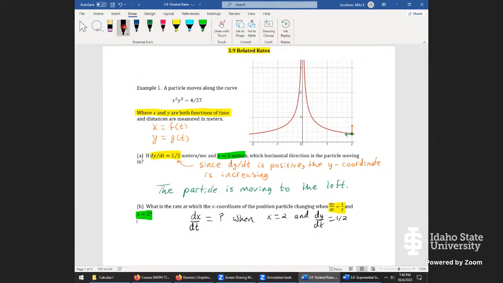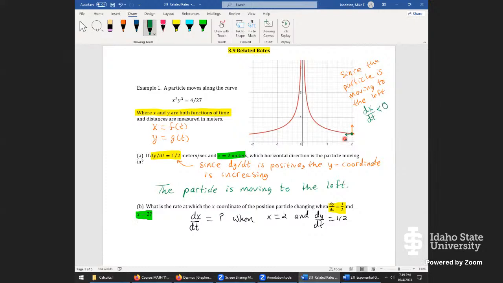So let's say right here, since the particle is moving to the left, this quantity, dx dt, think of the green arrow that we put right there.